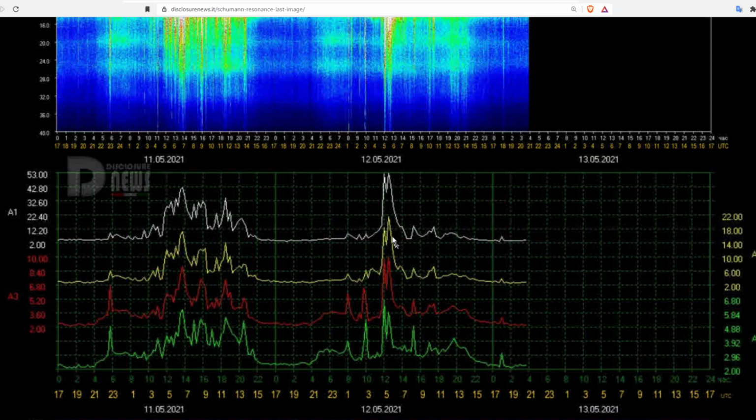The tippy top of the yellow color is 22, the bottom is 2. Add together, that's 24. You divide it in half, that's 12. So 12 is right about here. This signal is going to the top.